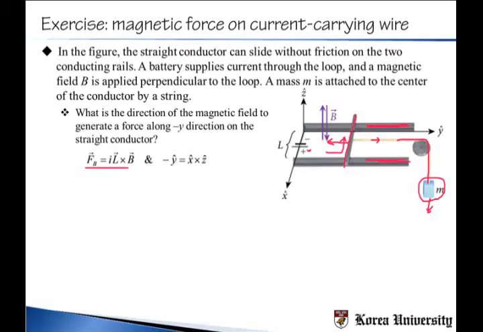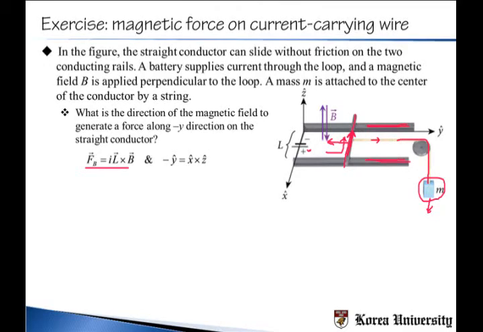In this case, this direction is the vector L. Vector L is now going toward the minus x direction, right? And we want the magnetic force to be in the minus y direction.